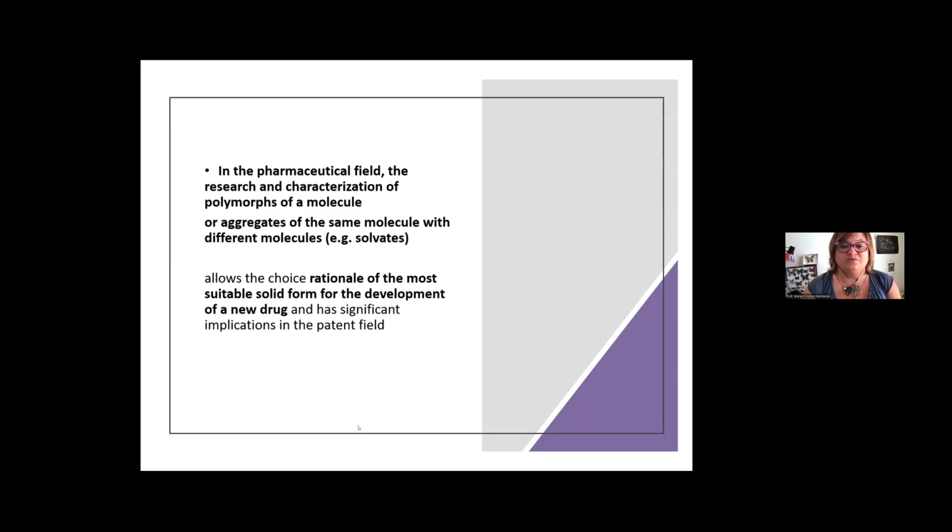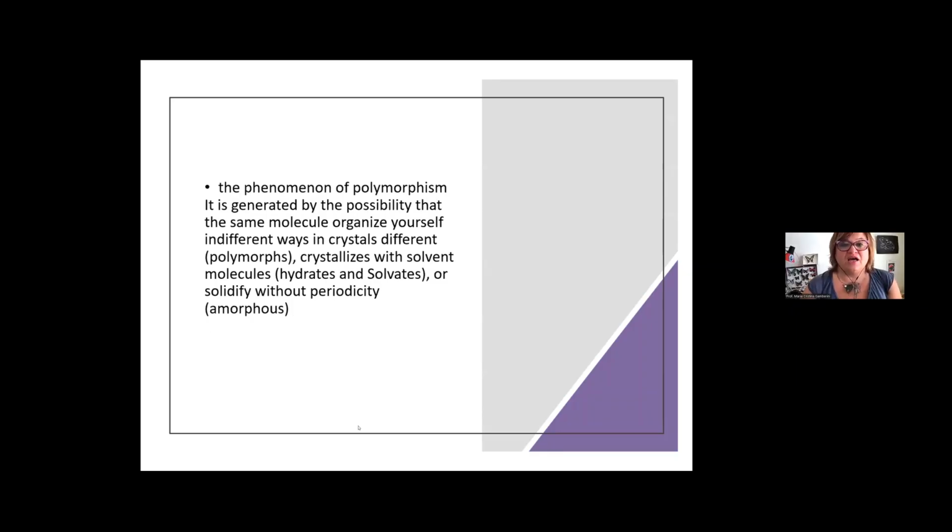Why is it so important? Because the development of new solid forms, polymorphs, will give a lot of money to the pharmaceutical industry firms. One molecule, for example, one substance, I'm not talking about a mixture. When you do organic synthesis, you get at the end the final product, and you crystallize it and use different techniques to characterize it.